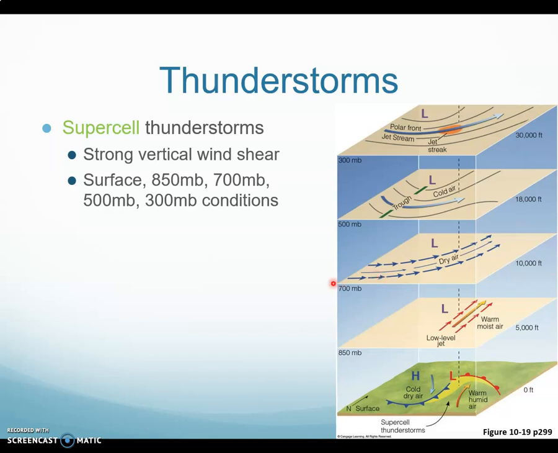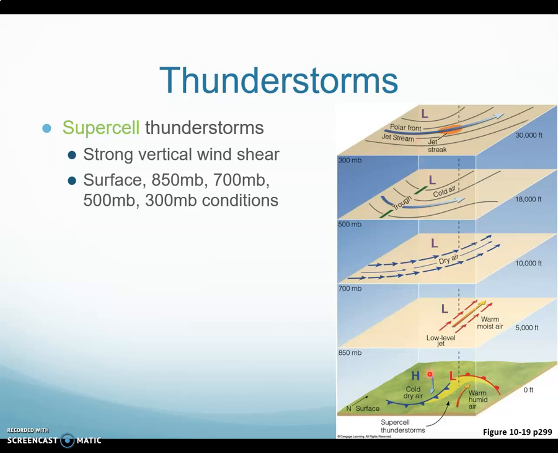But above that, about the 700 millibar level, you've got cold, dry air coming from over the Rocky Mountains, from our upper level trough. Here's your trough. That is strengthened with a jet stream on top of it. Okay.